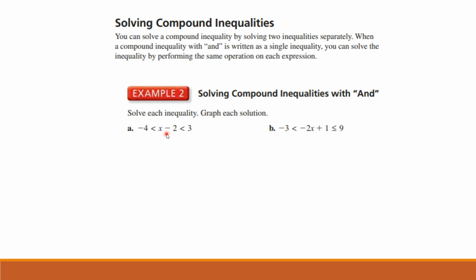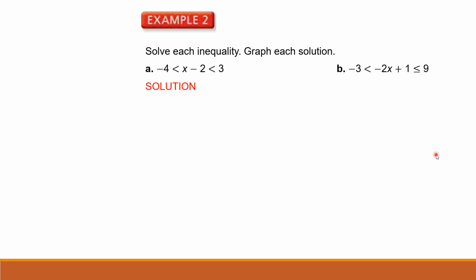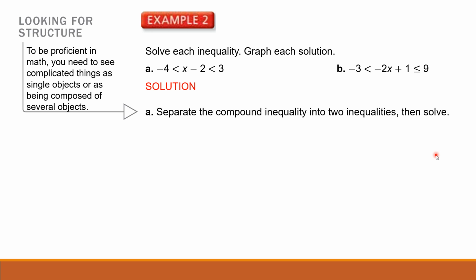In example A, we're going to separate it and have two inequalities. In example B, we'll keep it in this form and then solve it, performing operations to the left, the middle, and the right side.